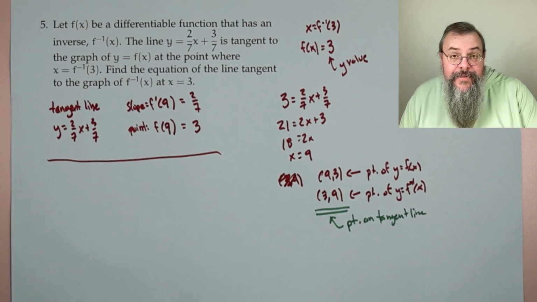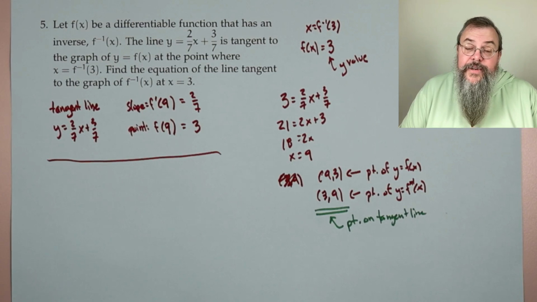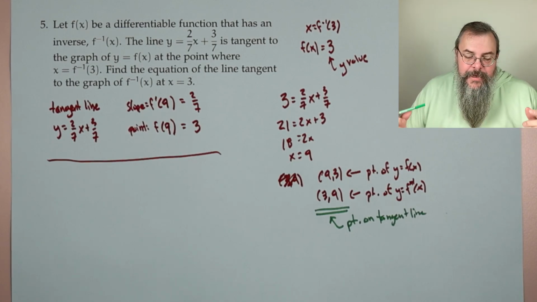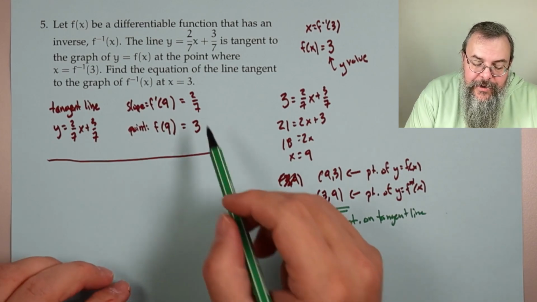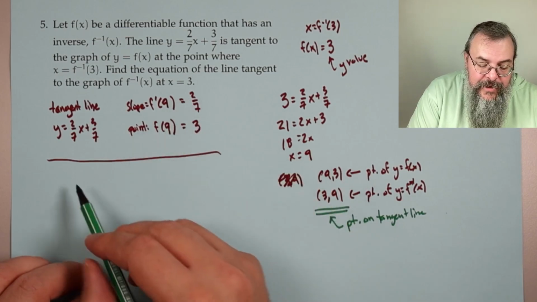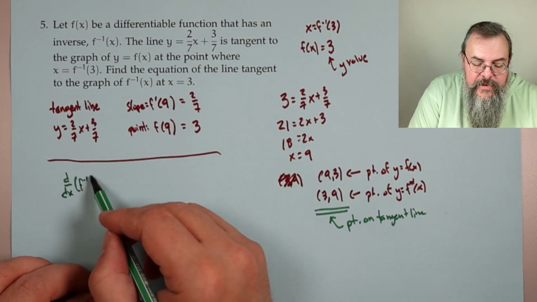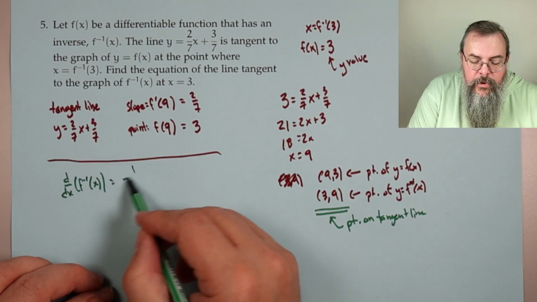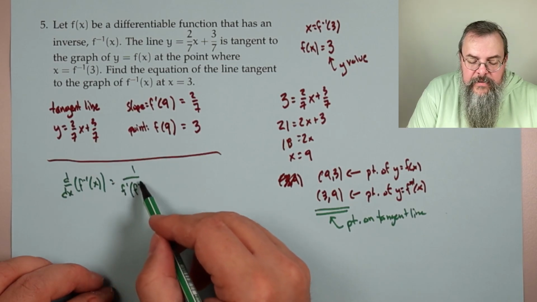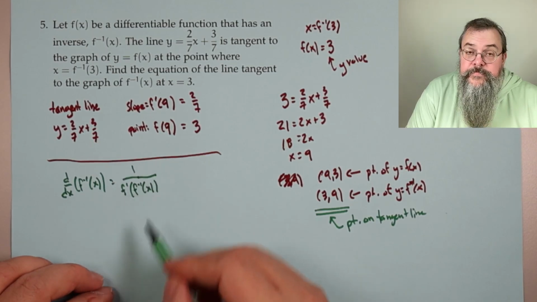Now the other piece of information that we need is our slope. All right? Where do we get that? Well, we have this information. So notice if I take the derivative of f inverse of x, that's 1 over f prime of f inverse of x.